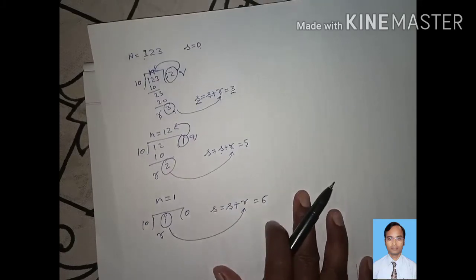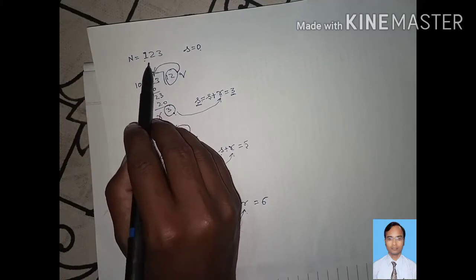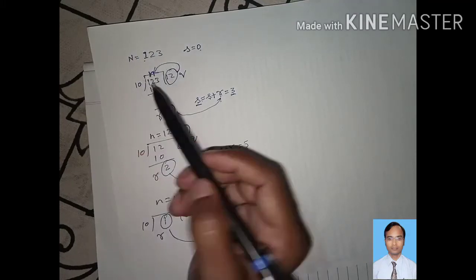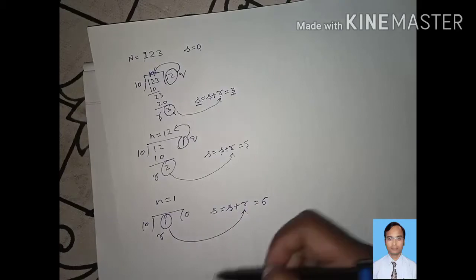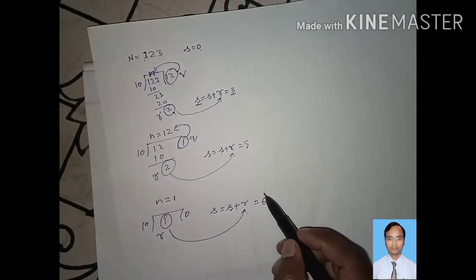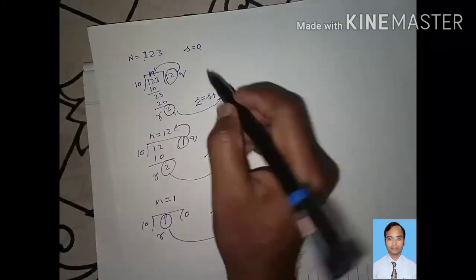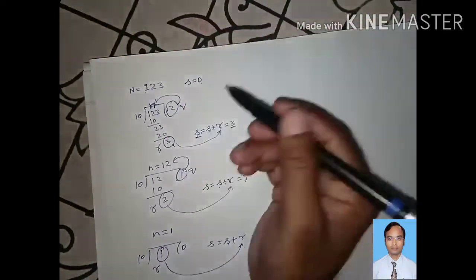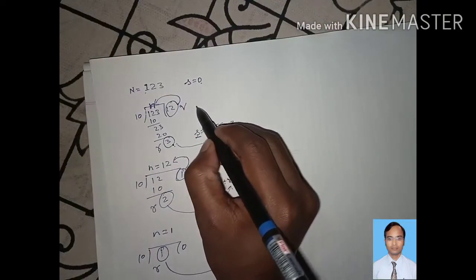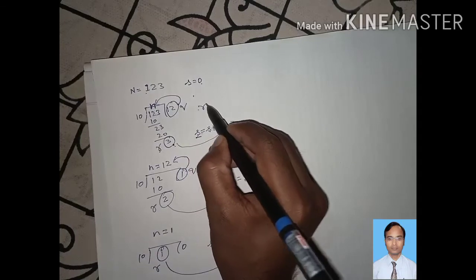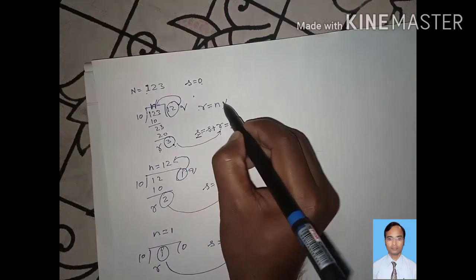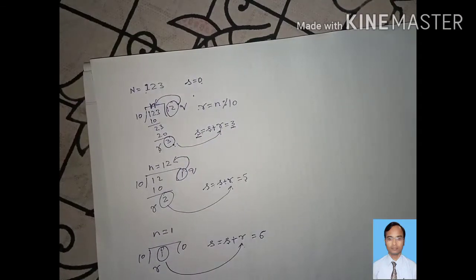It means if we have 1 2 3 and we want to find the sum of digits using digit separation logic, this is the digit separation logic, then we have this result. How can we separate the digit? Here I am using the logic r is equal to n mod 10.